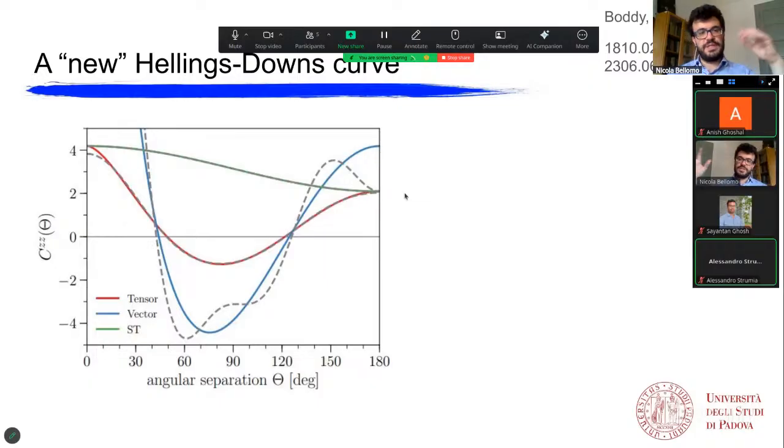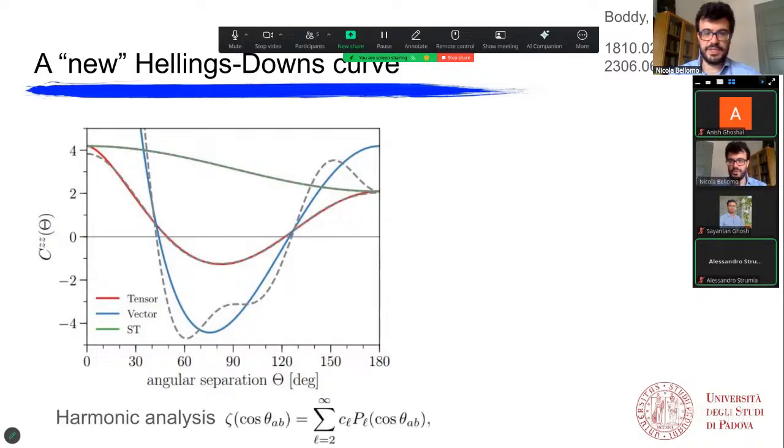Of course, a real measurement of the total Hellings-Downs curve is going to be some balance between these, since every polarization degree of freedom is going to contribute with a given amount. However, this shows the potential of probing the existence of extra degrees of freedom just through PTA measurements.